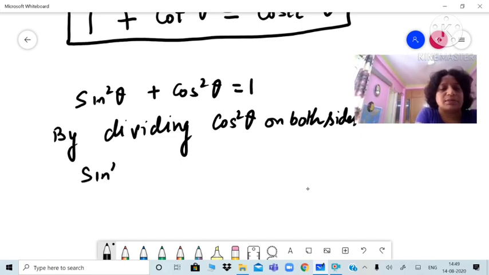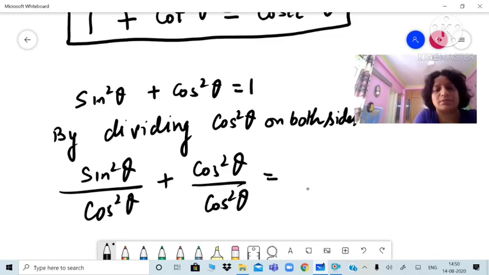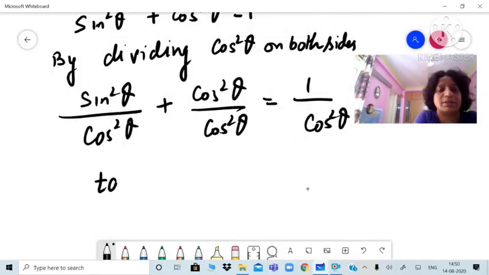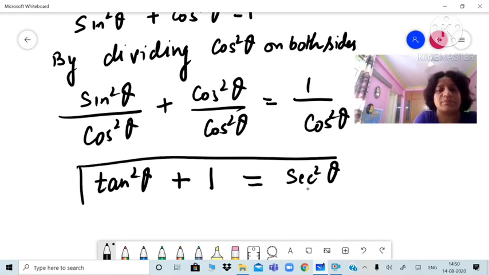Sine square theta upon cos square theta, plus cos square theta upon cos square theta, is equal to 1 upon cos square theta. Sine upon cos will be tan, so tan square theta. Cos upon cos is 1 and 1 upon cos is secant. So that will give you secant square theta.